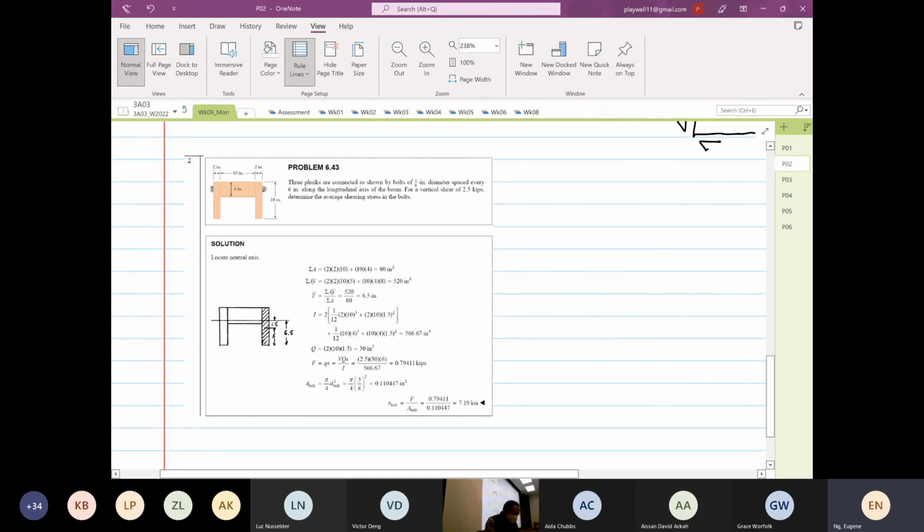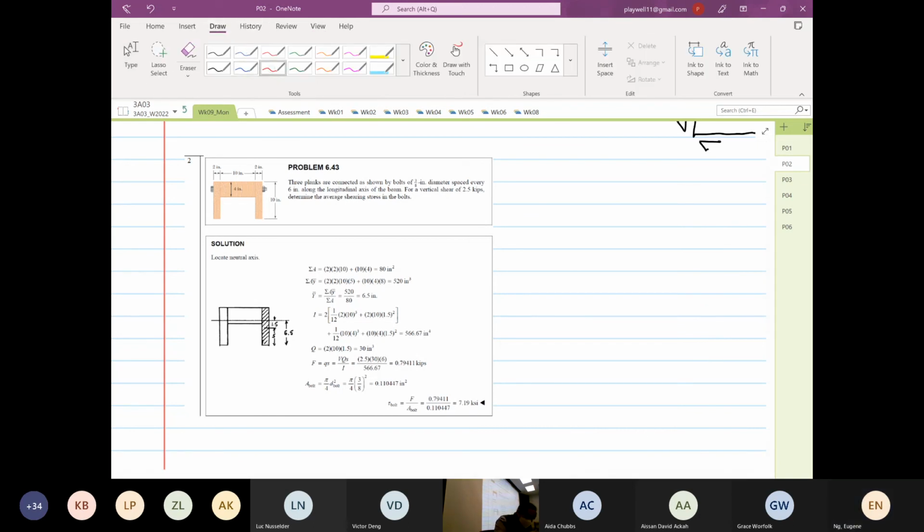If the shear force is coming down from the top, and we have 2.5 times 10 to the power 3 pounds, so what is going on? You're like, Eugene, what you are teaching, is it valid or not?